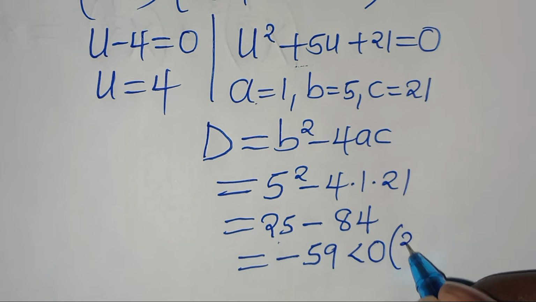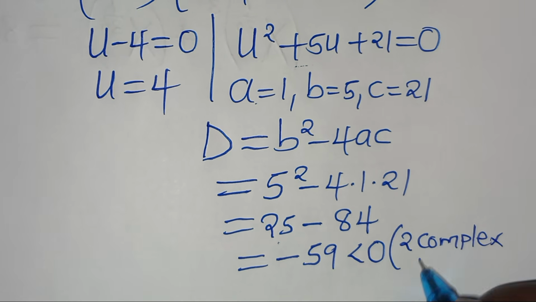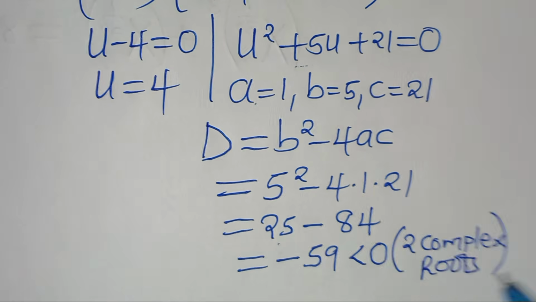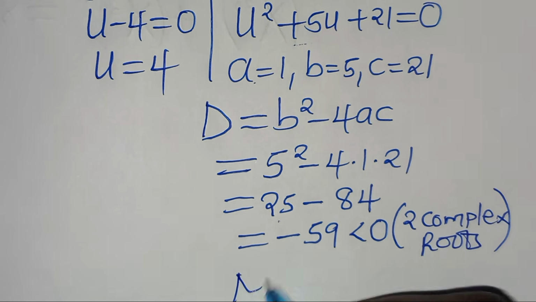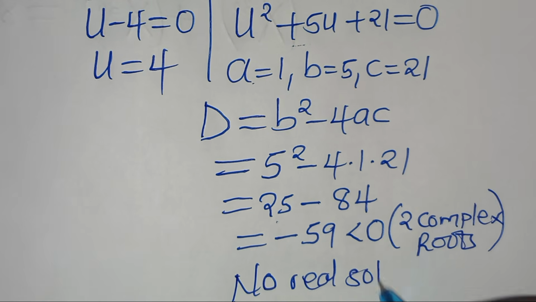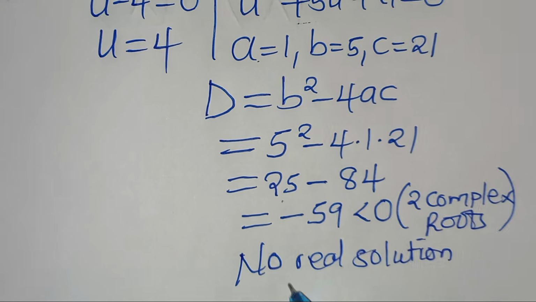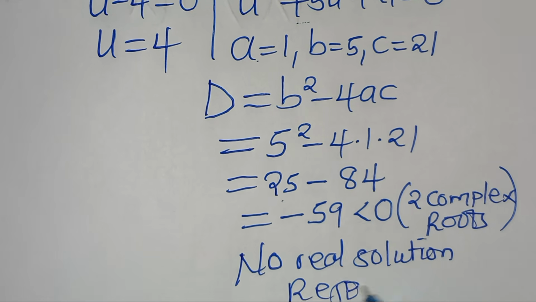So what this means is that we have two complex roots, and this indicates that from this quadratic equation there is no real solution that can be obtained. So this quadratic equation is rejected.